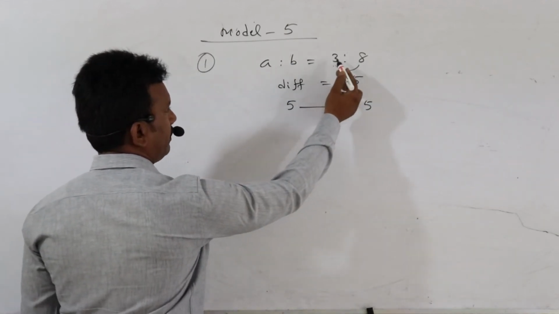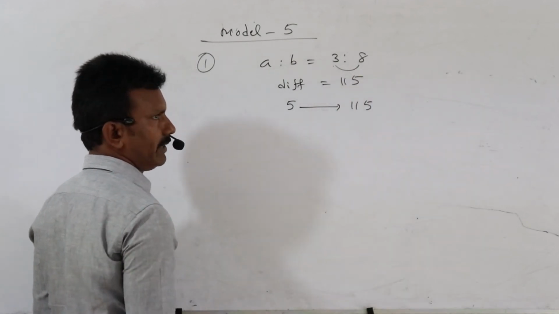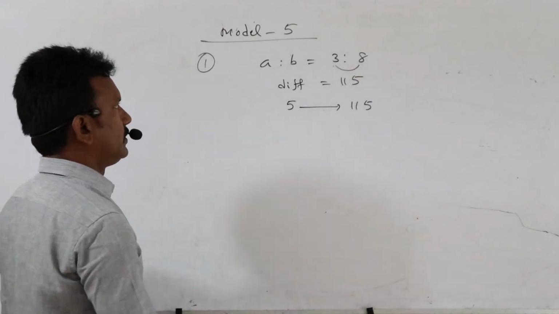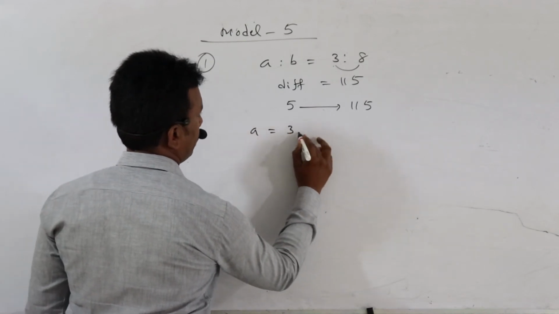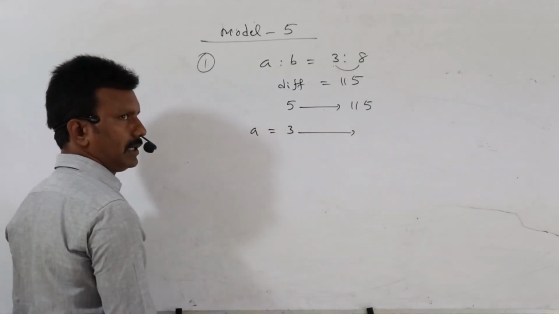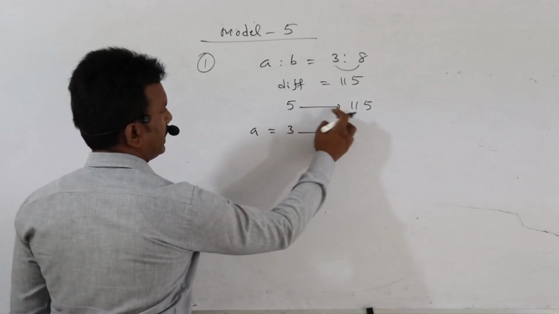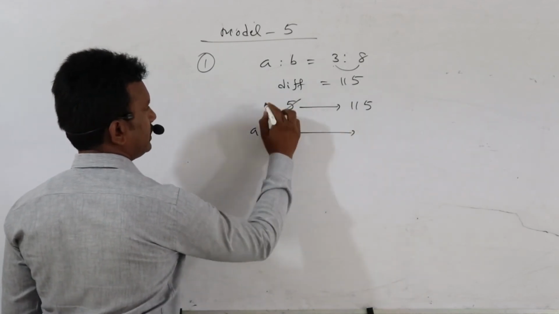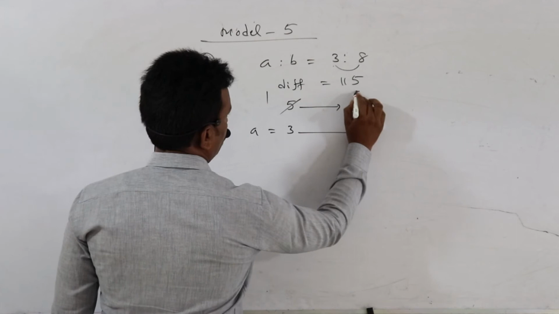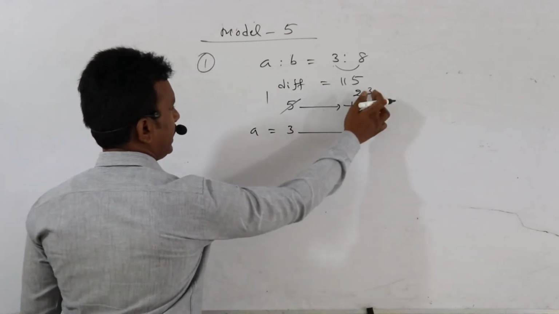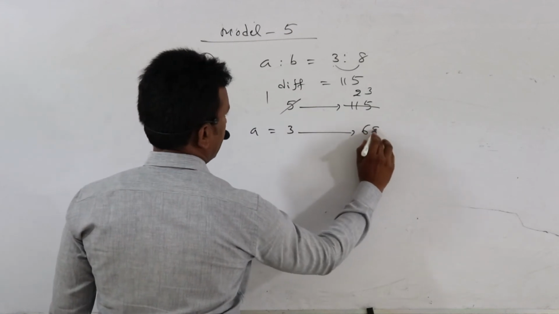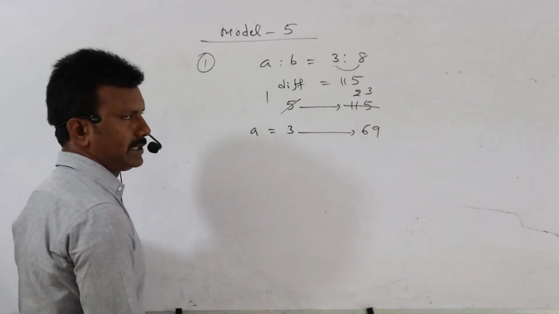What is the smaller number and what is the bigger number? We can find the smaller and bigger. Our smaller number A is 3 parts. So 115 divided by 5 is 23, and 23 into 3 is 69. Our smaller number is 69.